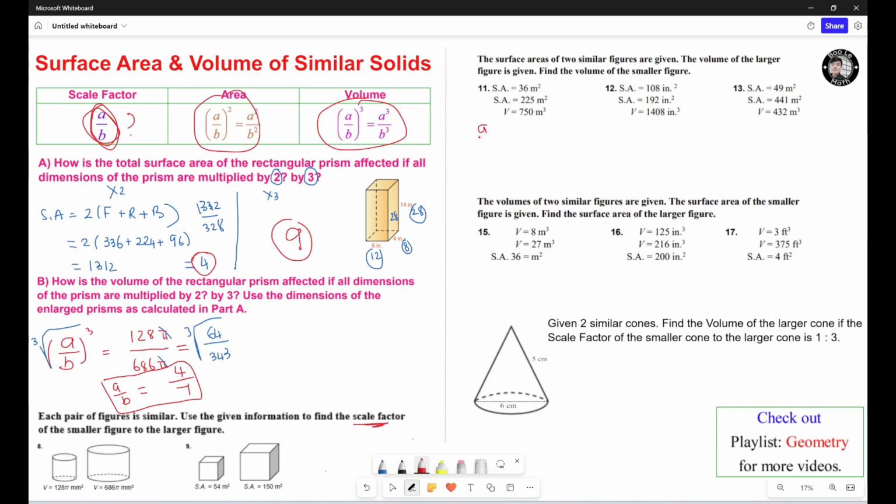So we have A over B squared equals 36 over 225. This one right here, the scale factor. Alright, so then you take the square root of both sides.